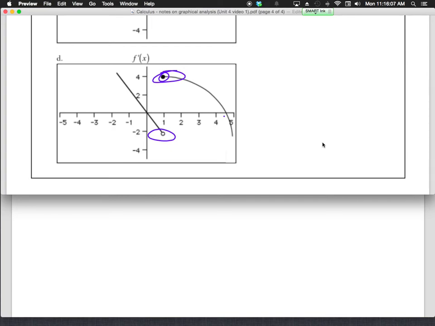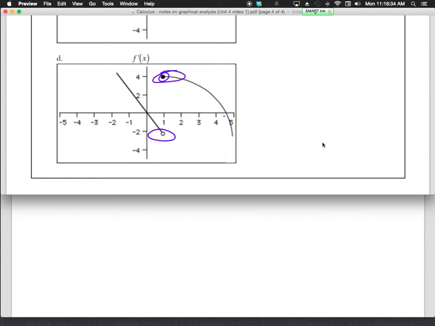When my derivative equals 0, what are my three options graphically? Hill, valley, or point of inflection. The other thing is when f prime of x is undefined. What are my two options? A vertical tangent line, or there's a sharp turn there more than likely. Very good.